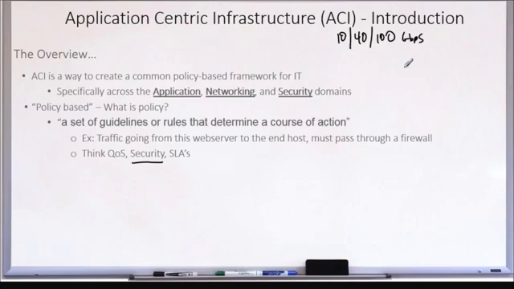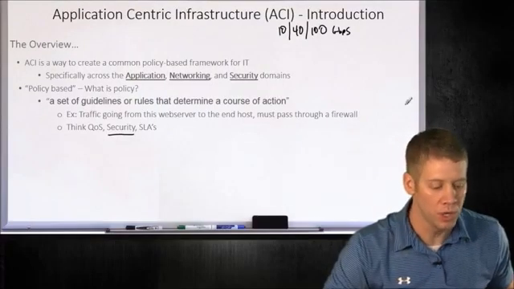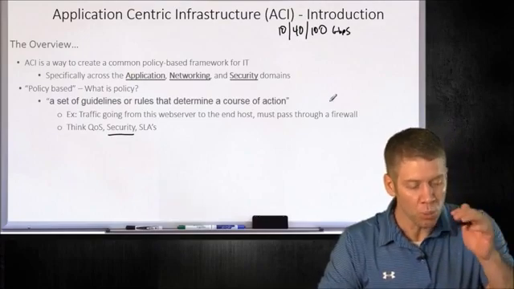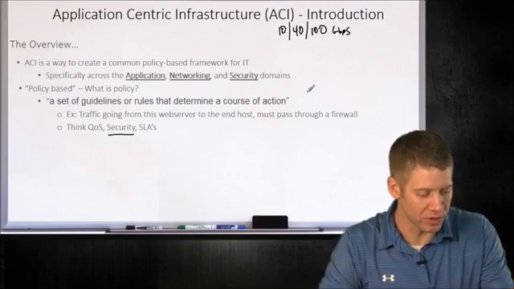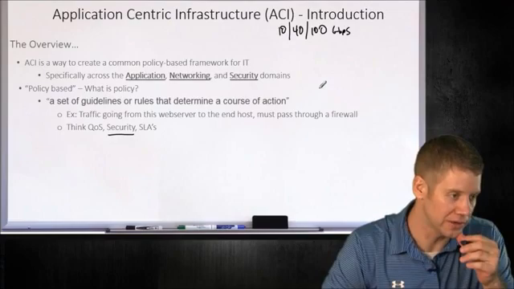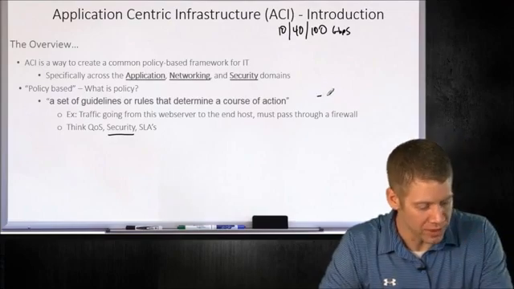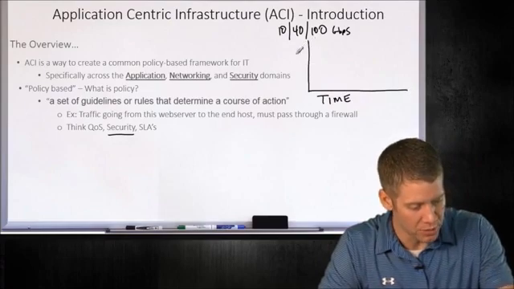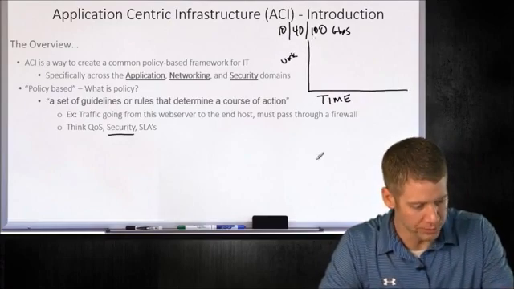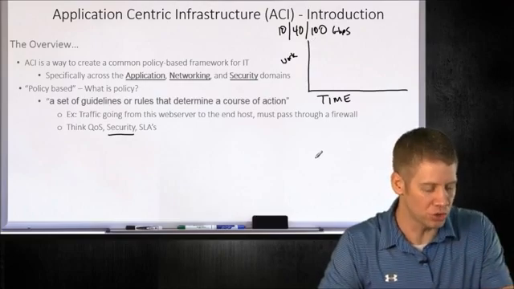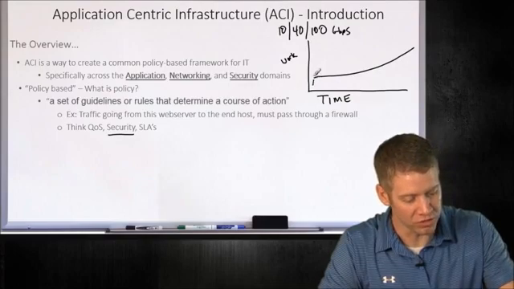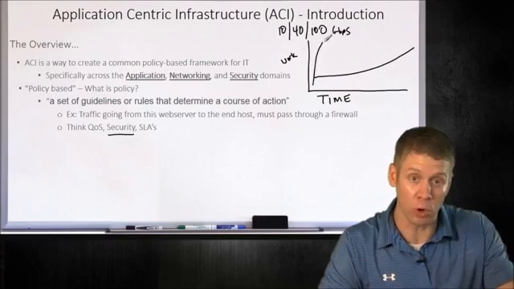And I tell a lot of people, because a lot of people come into ACI and they're very quickly overwhelmed with the amount of configuration that you have to do at the front end. Whereas with a traditional network, let's make this line time, and this will be our work. Usually with a traditional network, this is going to go up over time. Well, with ACI, we're going to start off pretty big in the amount of work that we need to do.